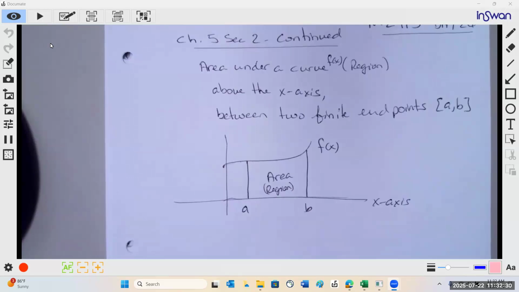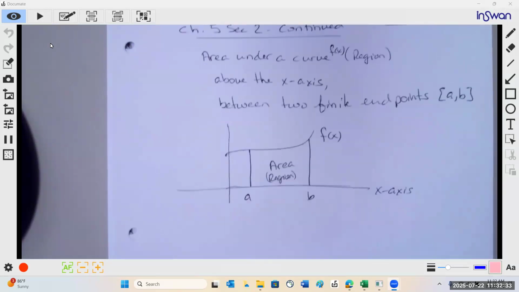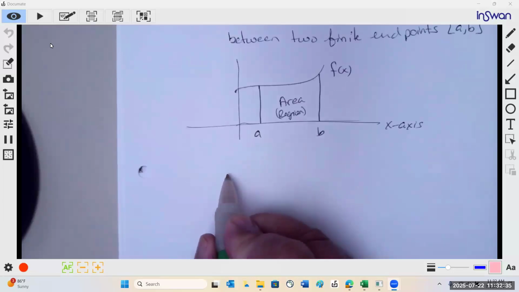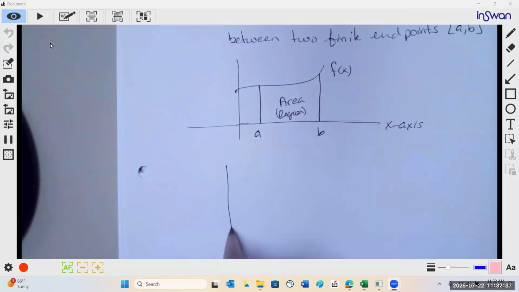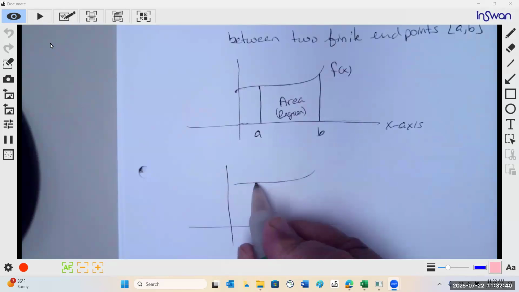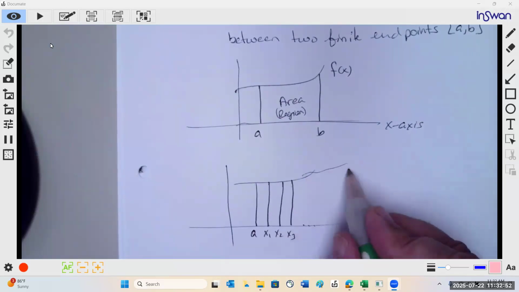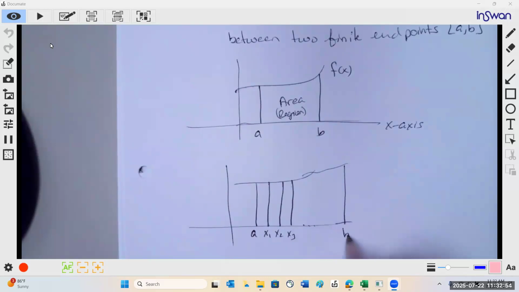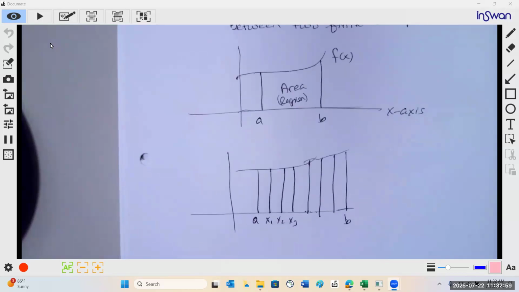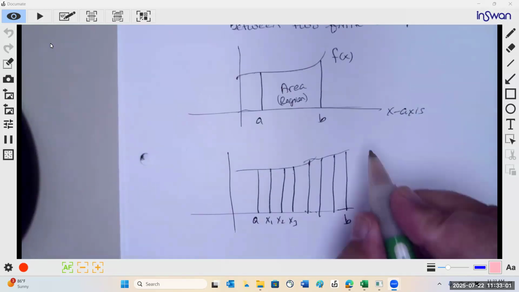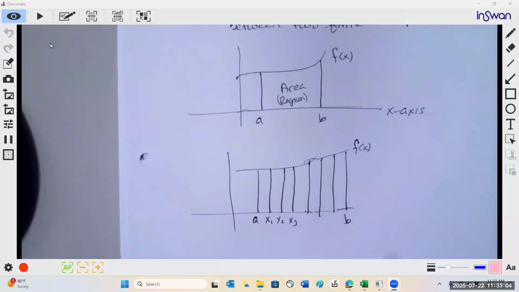The way we find this area is by taking smaller and smaller rectangles within that bound. Here's our function f of x, our x-axis.